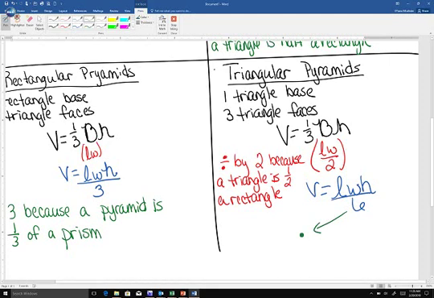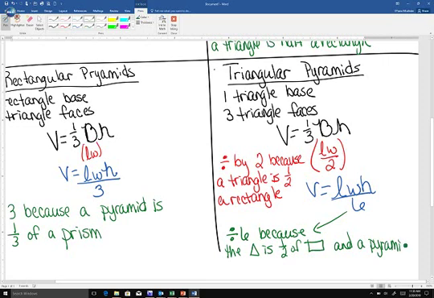We get the dividing by 6 because the triangle is half of a rectangle and a pyramid is 1/3 of a prism. Therefore, 1/3 times 1/2 equals 1/6, which is where we get the dividing by 6.